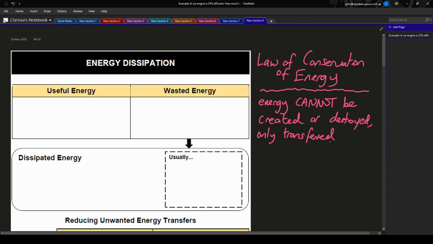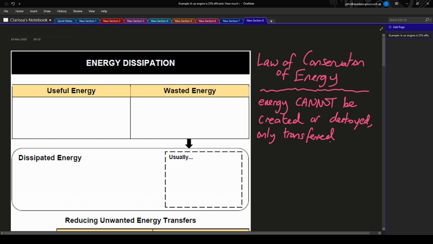Basically, if we start off in a system with 100 joules of energy, it has to end up being 100 joules of energy. It might have changed forms, so it might look like it's been destroyed or lost, but it hasn't. It's just changed into something else.